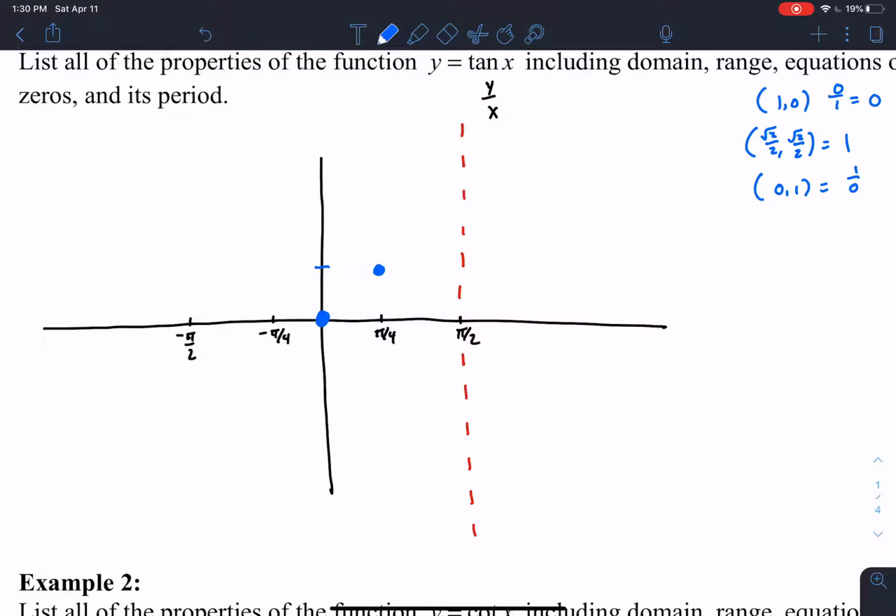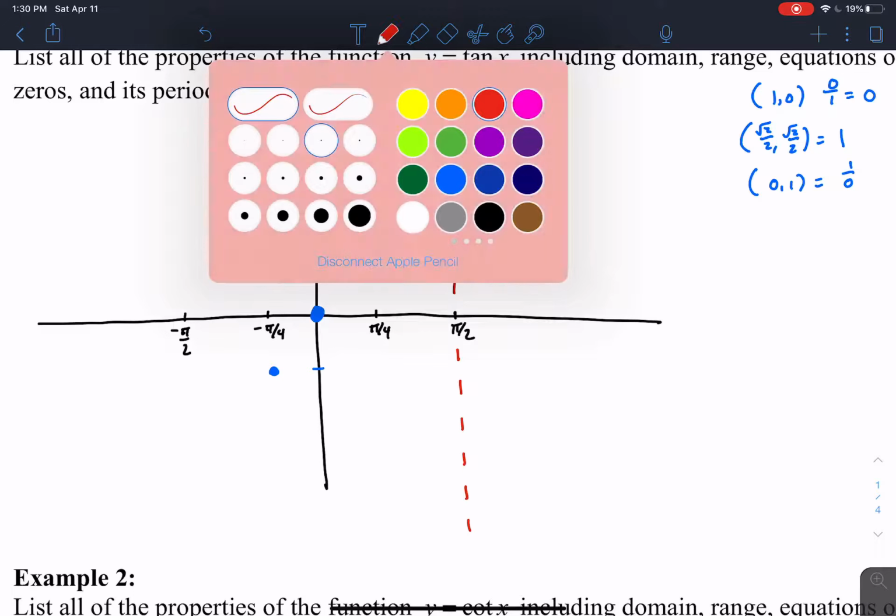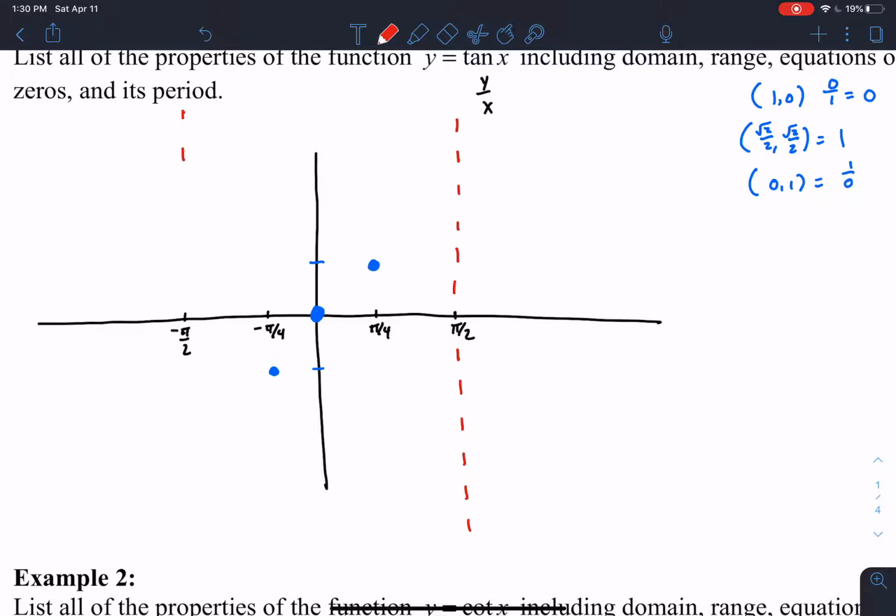Okay. Now negative pi over 4 is the same thing as 7 pi over 4. Okay. So that's going to be y over x. You're going to get negative 1, okay, because the y term is negative in that quadrant. And then at negative pi over 2, it's also going to be undefined, because it's going to be negative 1 over 0.